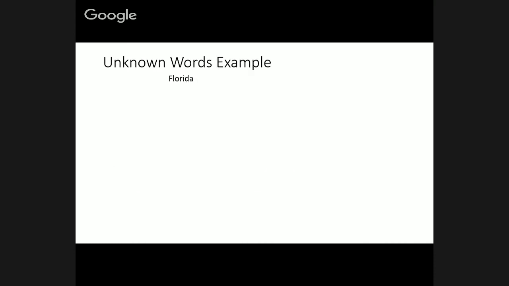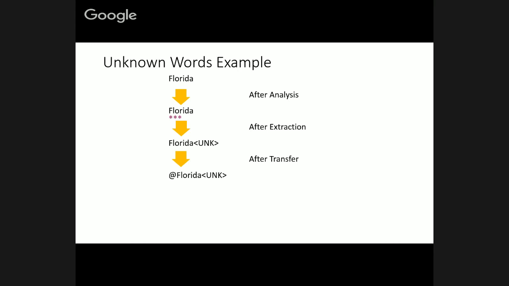And the way this looks in reality is you start out with the word Florida as a sample proper name. It doesn't get any analysis in Flex. And so after you extract the text, it gets an unknown grammatical category. Apertium doesn't really know what to do with it because it can't find it, so it puts an @ sign in front of it.